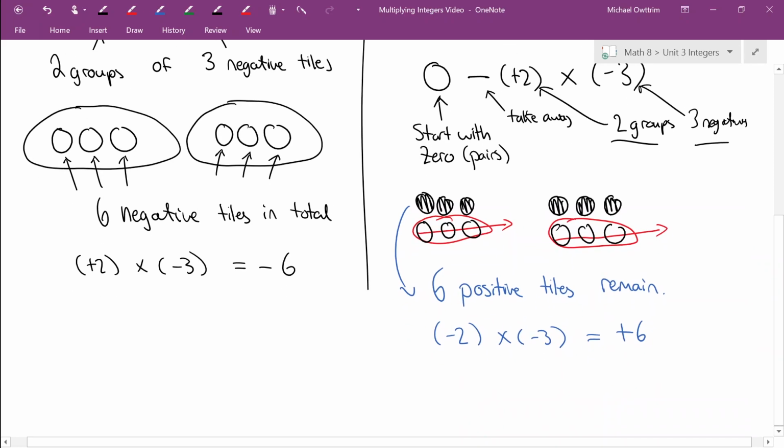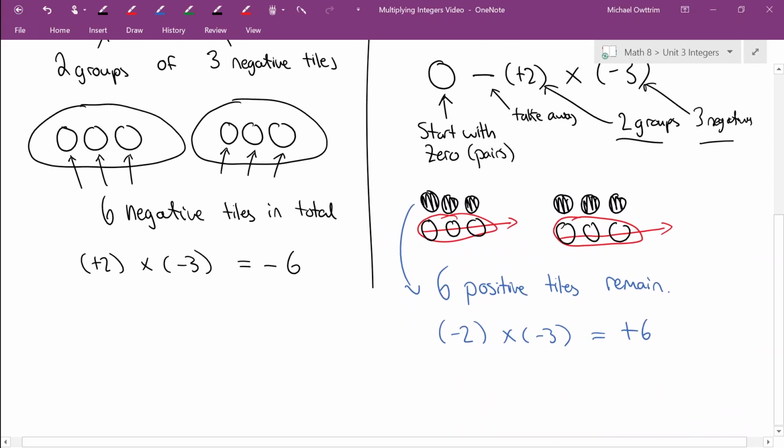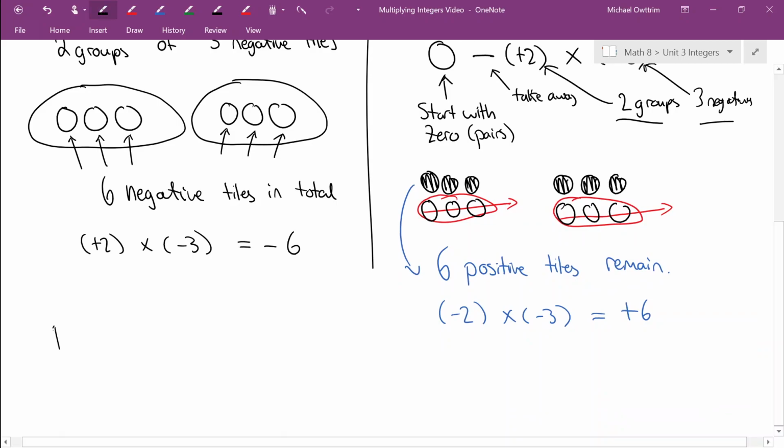And these two examples actually show us our two rules for multiplying integers symbolically.